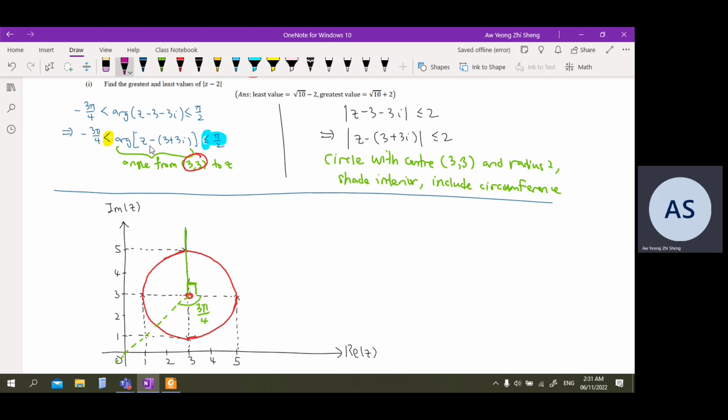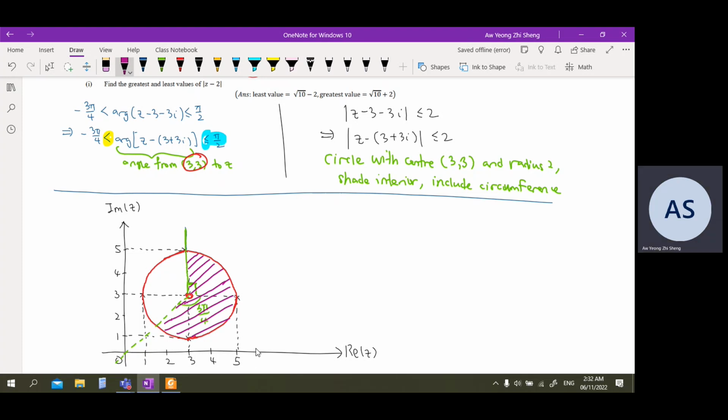And at the same time, to satisfy the first inequality, we have to make sure that when we take any point in the shaded region, the angle measured from 3, 3 to the point in the shaded region is somewhere between minus 3 pi over 4 to pi over 2, which means we should only shade this portion of the circle that is between the slanted dotted line and the green vertical line, and also in the interior of the circle.